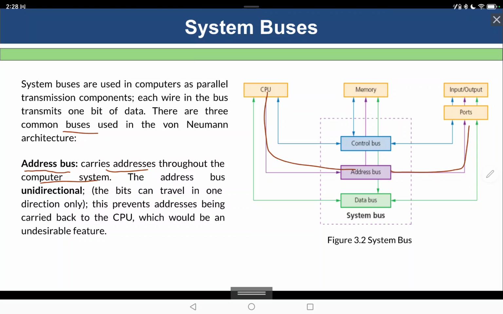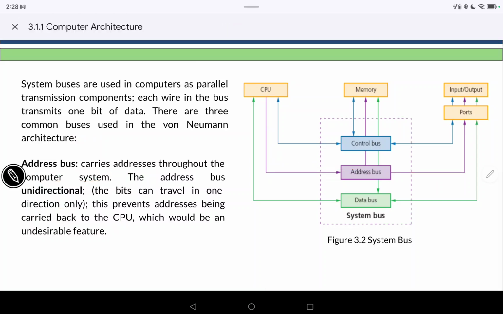And we say that the address bus is unidirectional. Unidirectional means that bits can only travel in one direction, and this prevents addresses from being carried back to the CPU. So that is the function of the address bus.